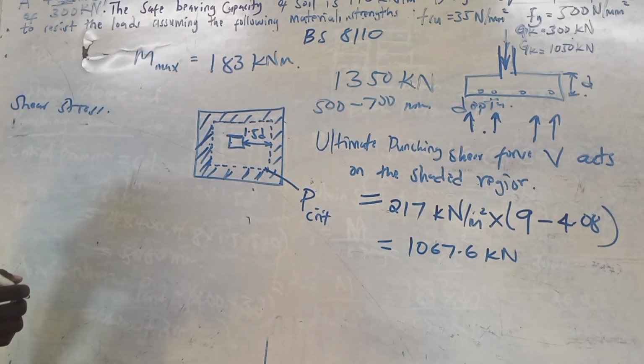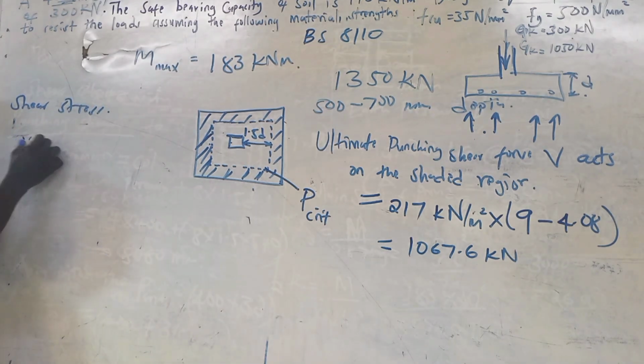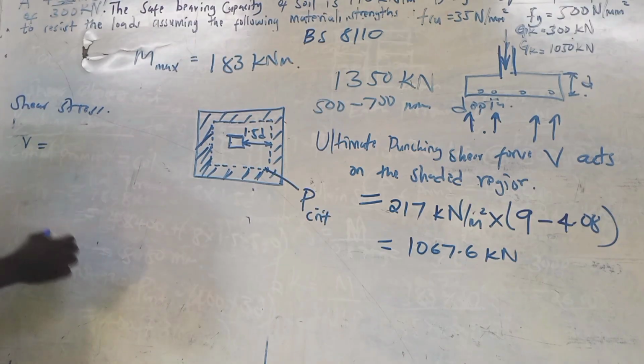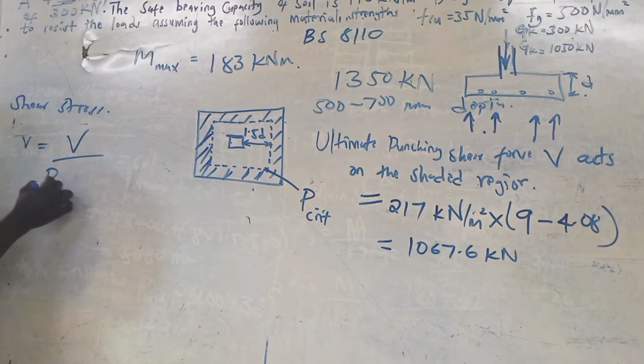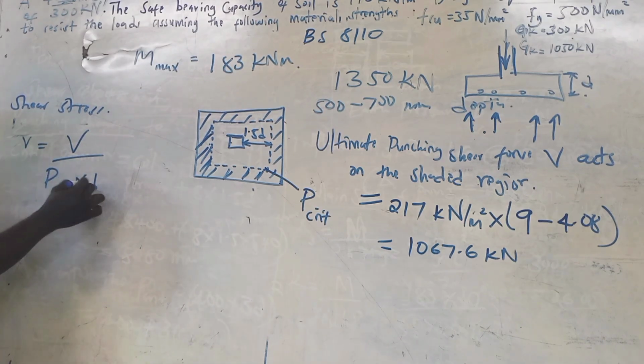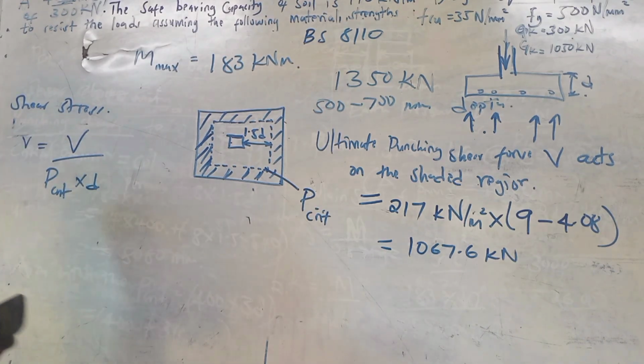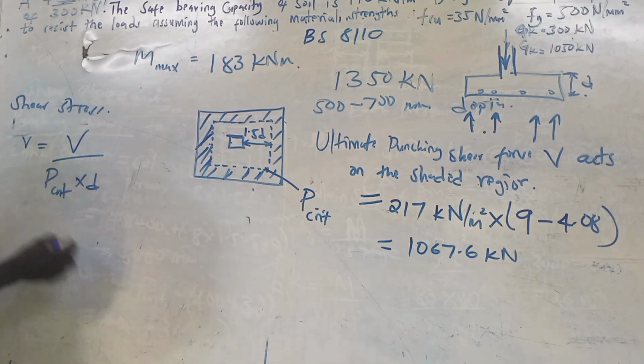Okay? So our v is equal to V over the critical perimeter times the effective depth. Okay? So the shear stress is the V, which was the ultimate punching shear force, divided by the critical perimeter times the effective depth.